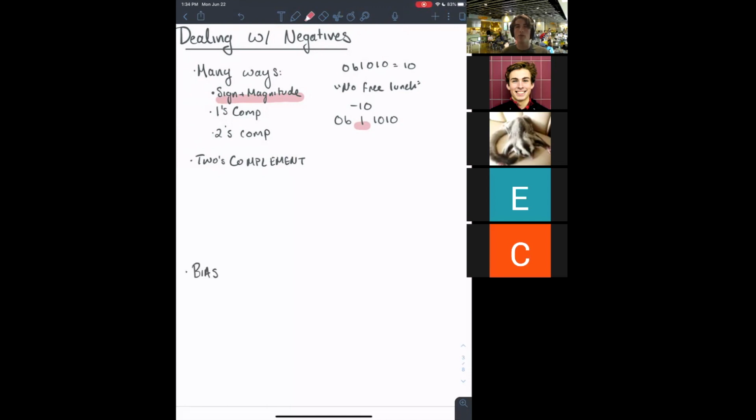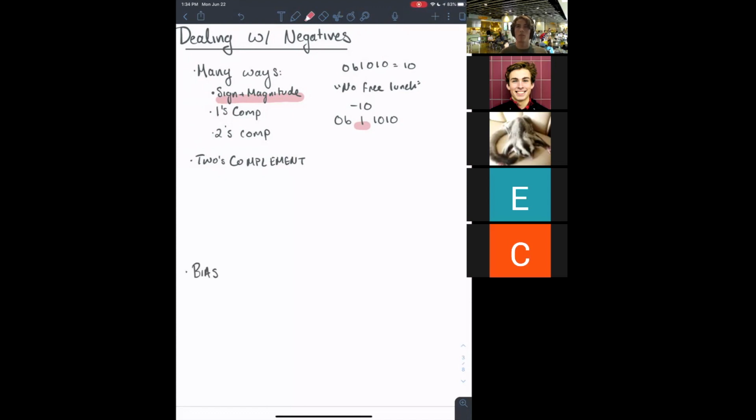So we introduce this concept of 1's complement, 2's complement, which deal with the idea of sort of flipping the bits to get rid of this 2 zeros problem.